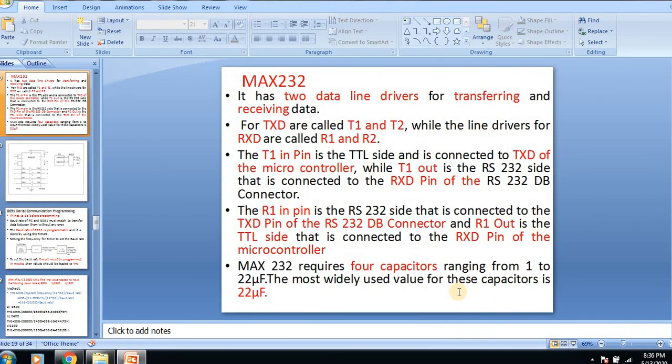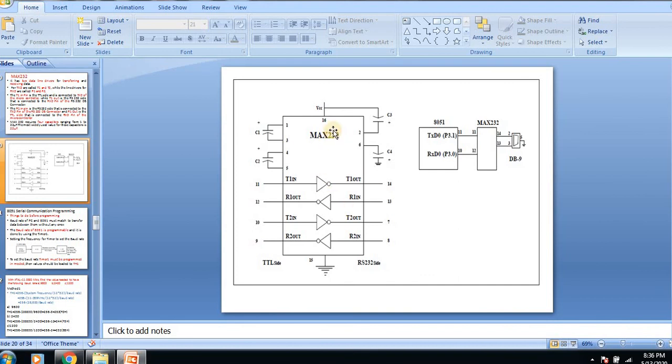Okay, so now we will briefly see what the specifications of the MAX232 are, or what pins are present in the MAX232. We can see here, this is the MAX232 IC, and it has two sets of pins, that is transmit in, transmit out, receive out and receive in, and the second set similarly.